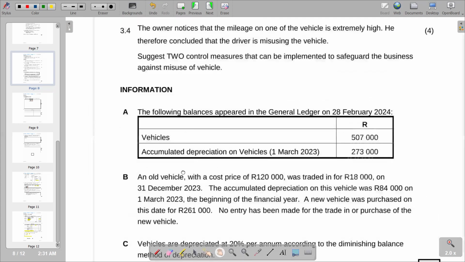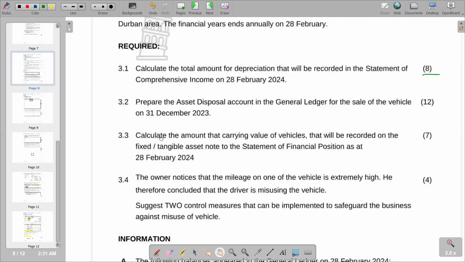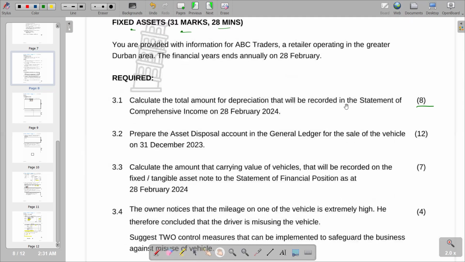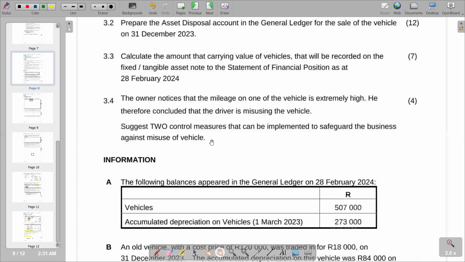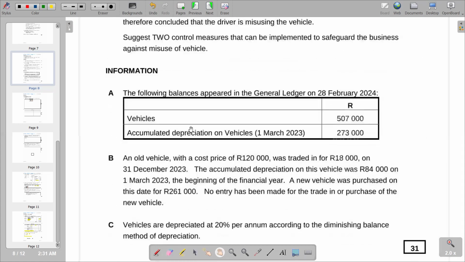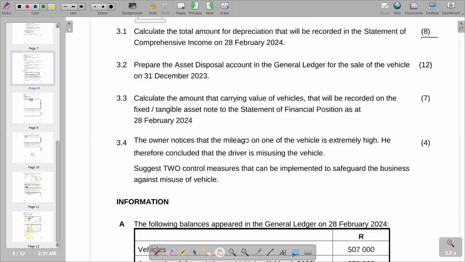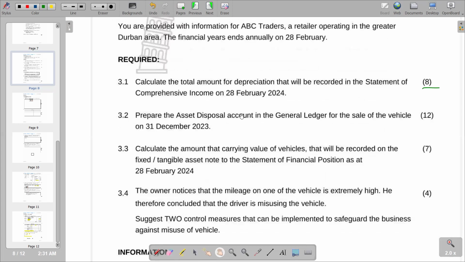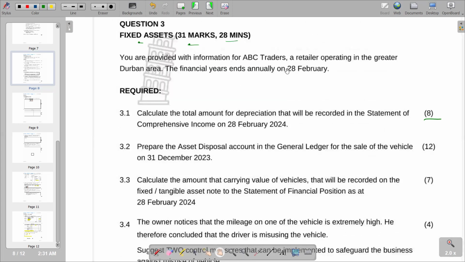Going back to our question, we're going to start on 3.1, which says calculate the total amount of depreciation that will be recorded in the statement of comprehensive income for the year ending 28th February 2024. So we need to find out what our assets are. We have vehicles, with a balance of 507,000 on 28th February 2024, which is where the year is ending.